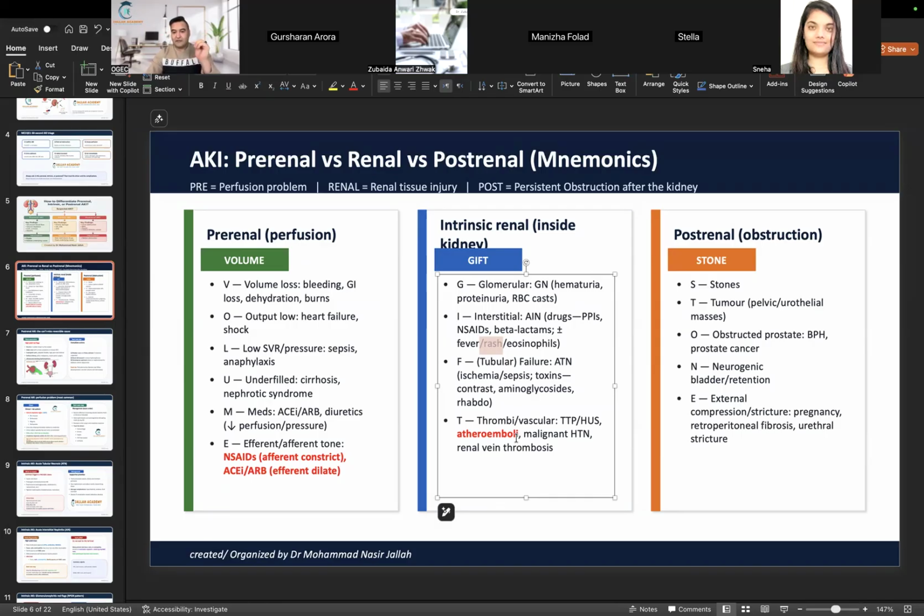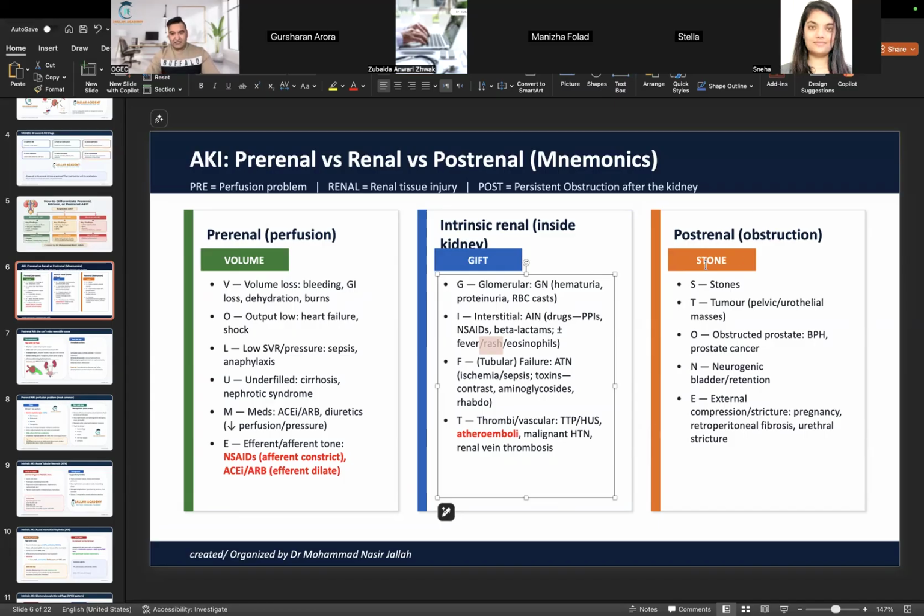So they will have some sort of big surgery, especially aortic surgery, and now the patient has acute kidney injury. Not only that, the patient has skin changes, which is livedo reticularis, and eosinophilia. Okay, also malignant hypertension, renal vein thrombosis, or they may only give you a blue toe. That's also very commonly mentioned in the licensing exam.